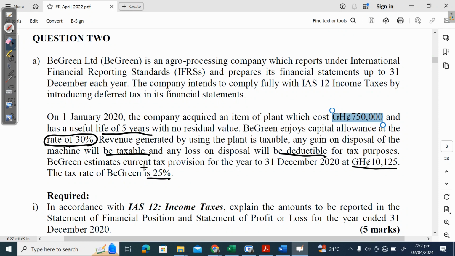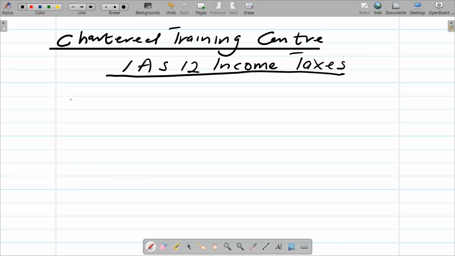So let's see how we are going to solve this question. First of all we need to determine the temporal difference.